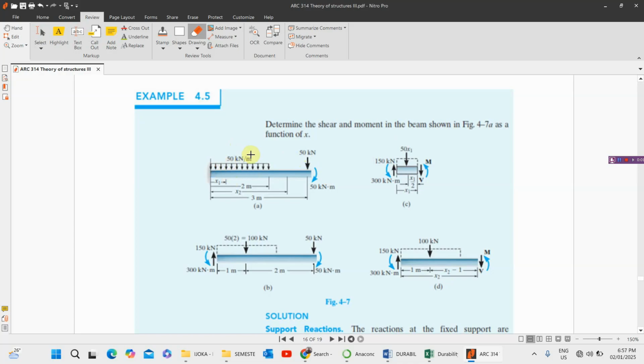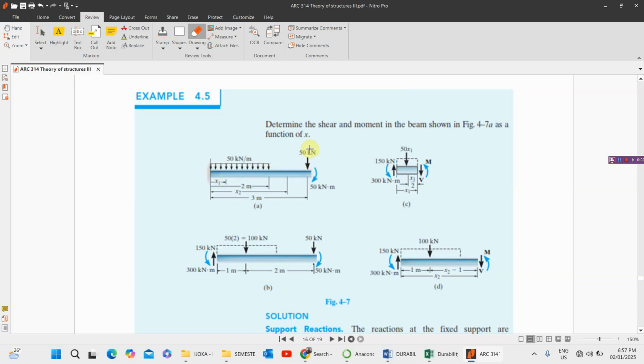Now we have 100 here, we have 50 here, so definitely the shear force at this particular point will be 100 plus 50, which is 150. That's the shear force. So now, how do we know the moment at this particular point?